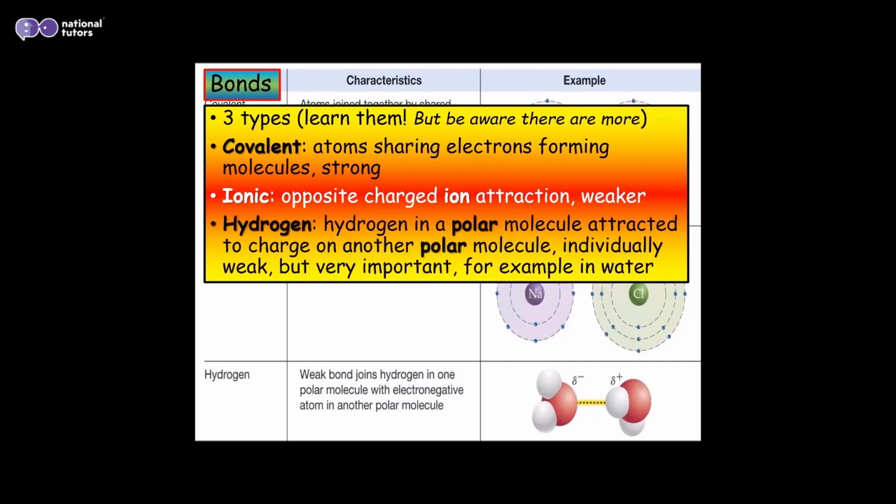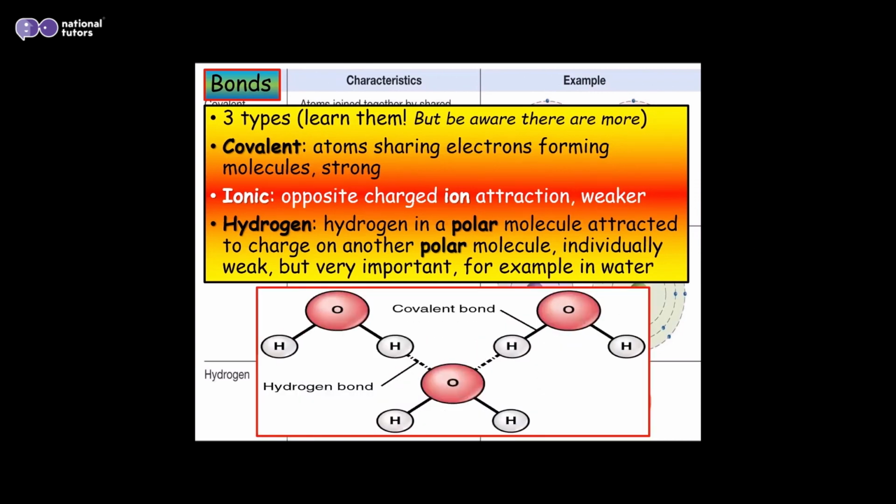Now, the hydrogen bonds are the bonding formed between water molecules. So hydrogen has got an attractive quality which will move it closer to the oxygen, as you can see in the diagram there. So we've got the covalent bond between the hydrogen and the oxygen in the water molecule, but the hydrogen bond is the force of attraction between the hydrogen and the free floating electrons on the oxygen.